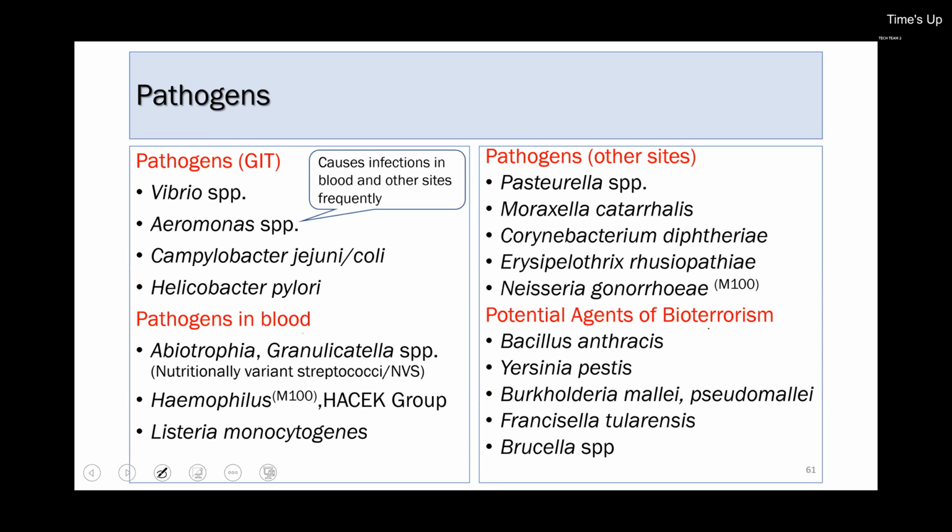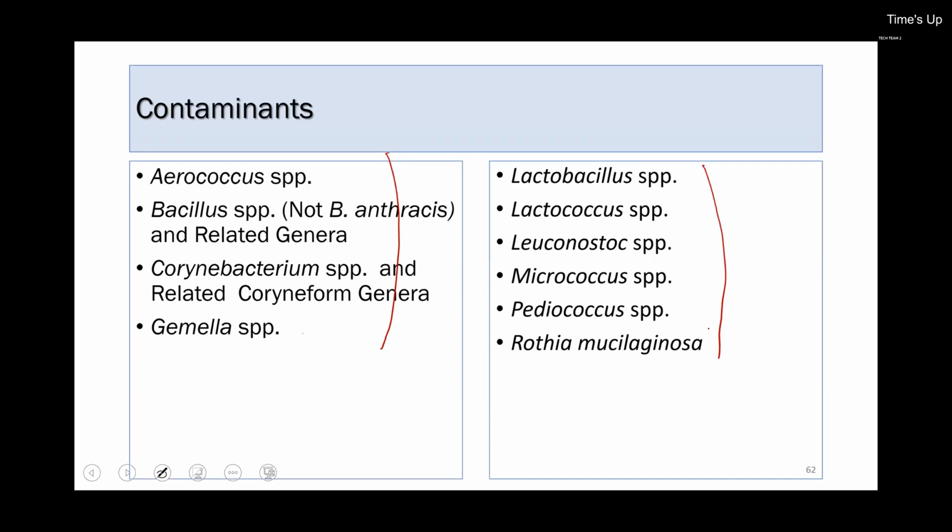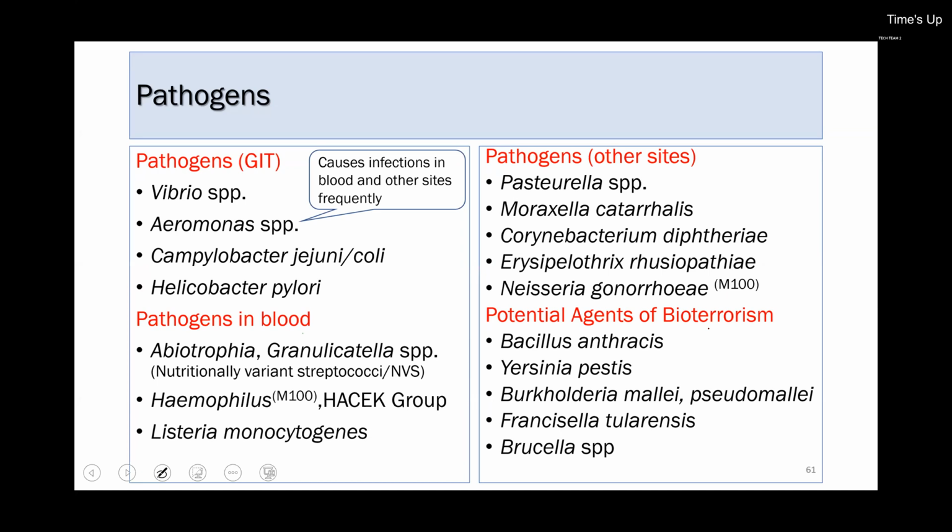Testing is not recommended for HACEK, but only if it's not resolving on the recommended testing, then you have to do it. It has the breakpoints of some of the contaminants, which is not very important, so you can skip this, but at least the pathogens which are important, you have to go through. You will get the M45 document from various sources, and if you get it, then go through at least Vibrio and Burkholderia pseudomallei.